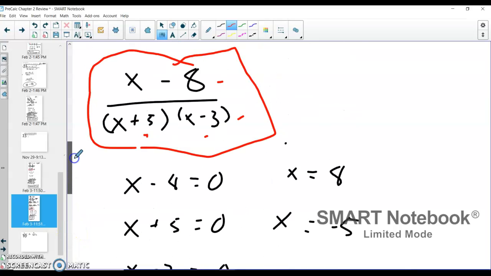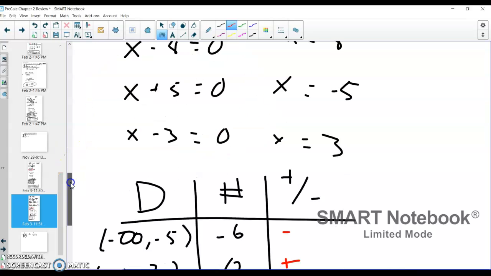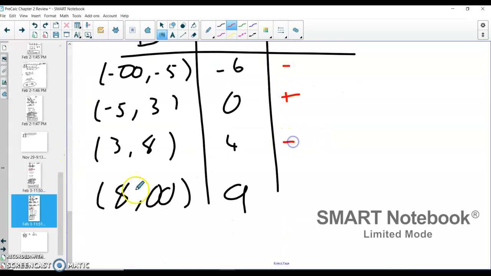Plugging in a positive 4, I have 4 minus 8, that is a negative. 4 plus 5, that is going to be a positive. 4 minus 3, that's a positive, so the outcome here is positive. So a negative divided by a positive, that's going to be a negative.